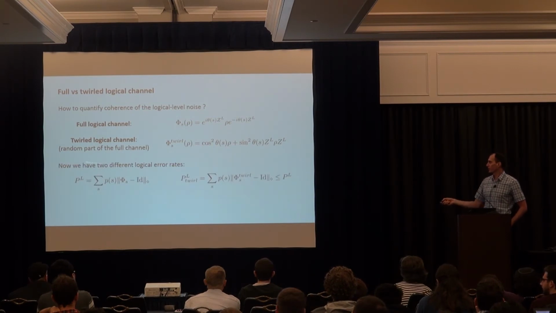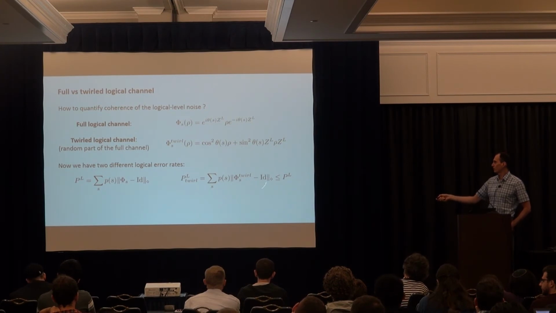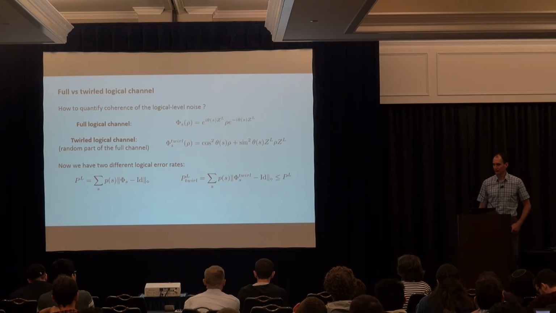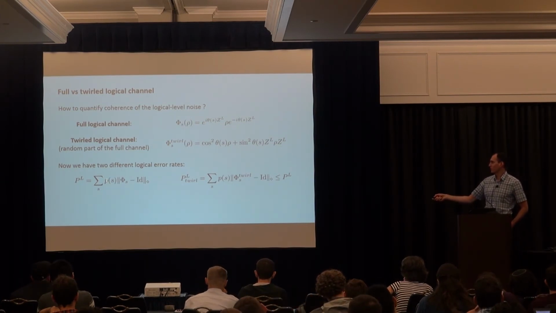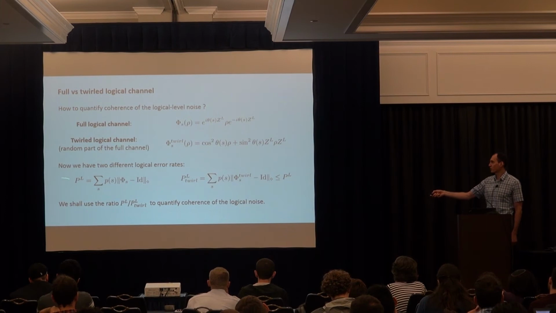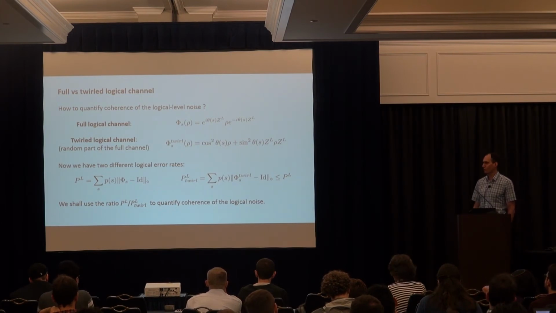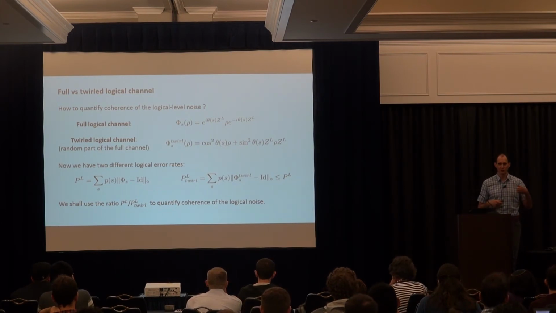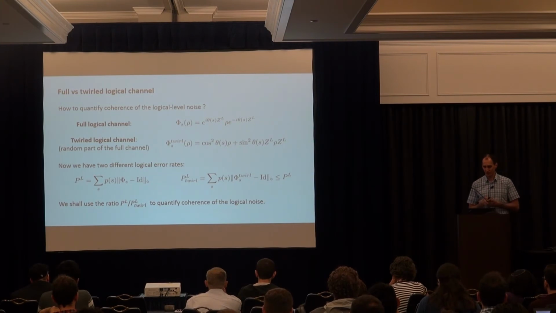Now we can define two different logical error rates, one for the full logical channel and one for the twirled logical channel. This is just the average diamond norm distance between the logical channel and identity. I'm going to use the ratio between these two logical error rates to quantify how coherent our logical noise is.